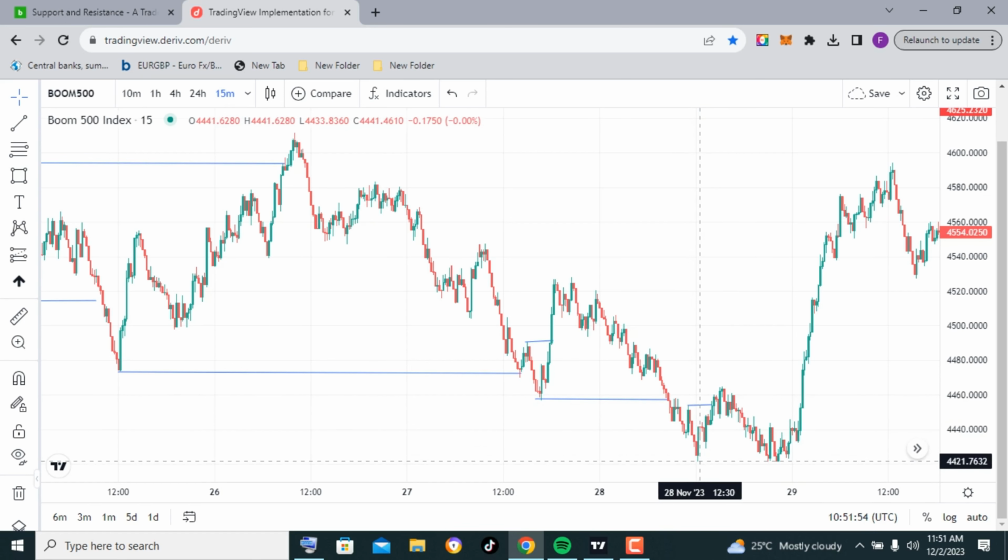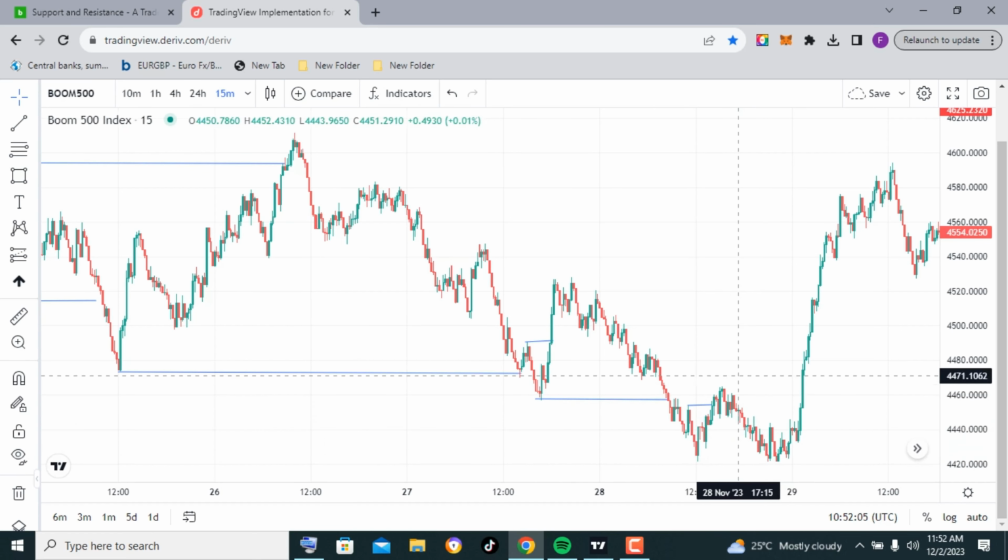So price then pushed below almost exactly to this low, creating this liquidity here, before price finally pushed up, taking this out and creating a change of character here.